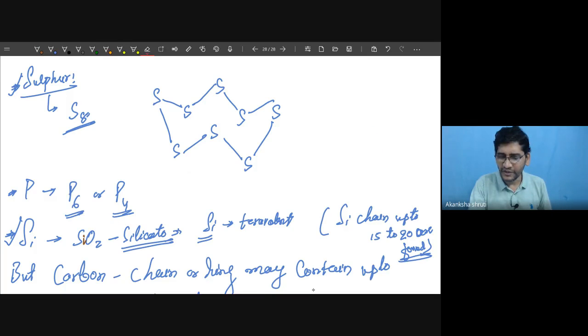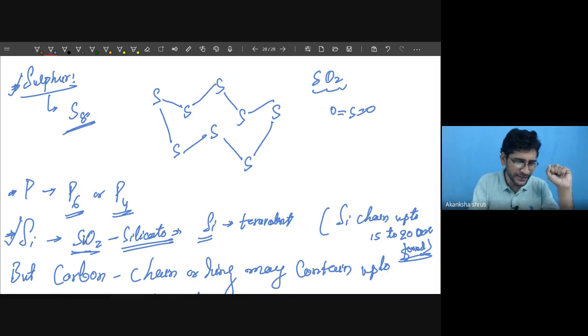SiO2 means silicon dioxide. This SiO2 is the constituent of silicate, which is not a single molecule, but SiO2 units get connected with each other to form a bigger chain structure. So SiO2 is the unit of silicate. Yes, sulfur gives sulfur dioxide. If you are just forming SO2, that is not catenation, it is just sulfur connected with two oxygens.